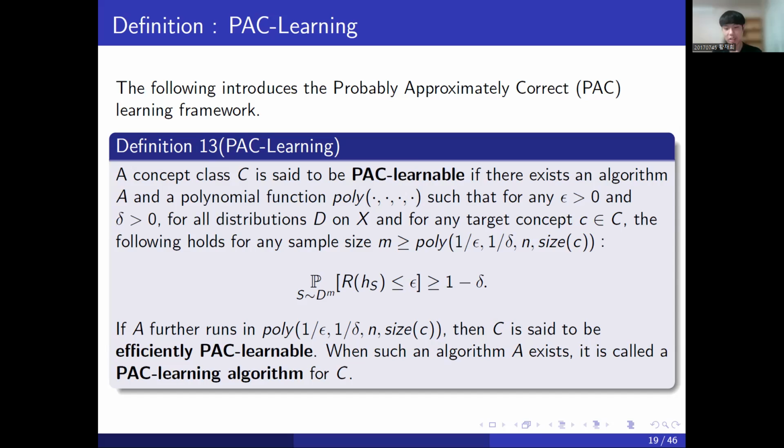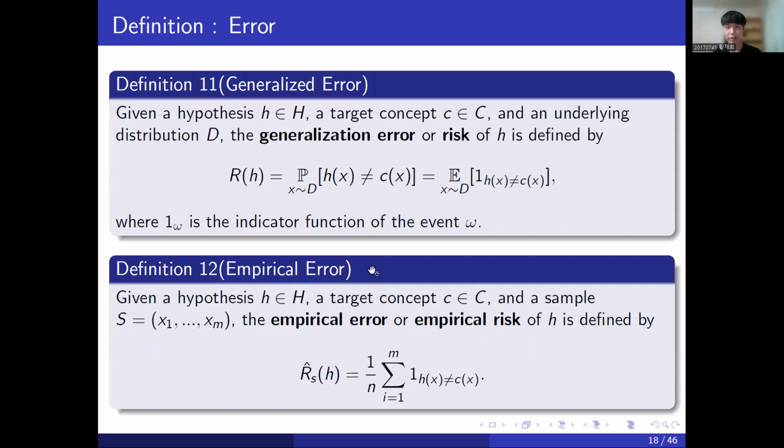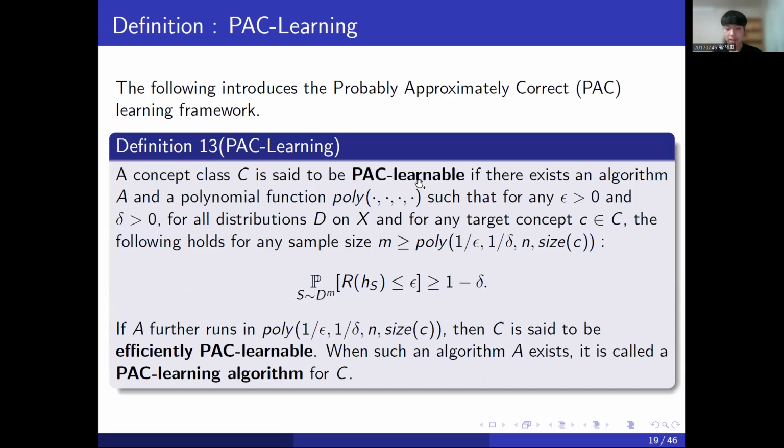So this definition is quite complicated, so I will explain it more precisely. Recall that this term R is the error term I mentioned in this slide. So we say that some problem is PAC learnable if for every positive delta and epsilon, as mentioned in this, there exists a lower bound, a polynomial function of the number of inputs, m. Did you find the m? m is located in this. This stands for the number of input values.